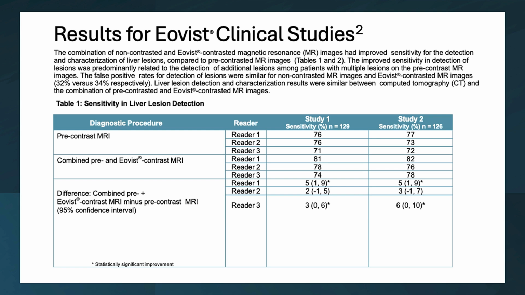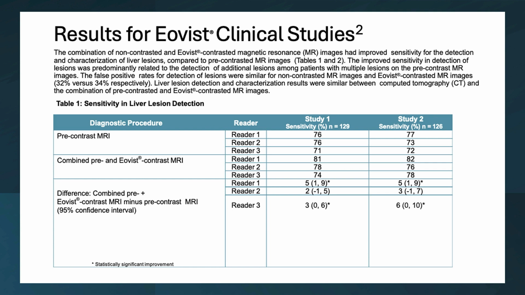The combination of non-contrasted and EOVIST contrasted magnetic resonance, or MR, images has improved sensitivity for the detection and characterization of liver lesions compared to pre-contrasted MR images, demonstrated in tables 1 and 2 on the next slide. The improved sensitivity in detection of lesions was predominantly related to the detection of additional lesions among patients with multiple lesions on the pre-contrast MR images. The false positive rates for detection of lesions were similar for non-contrasted MR images and EOVIST contrasted MR images, 32% versus 34% respectively.